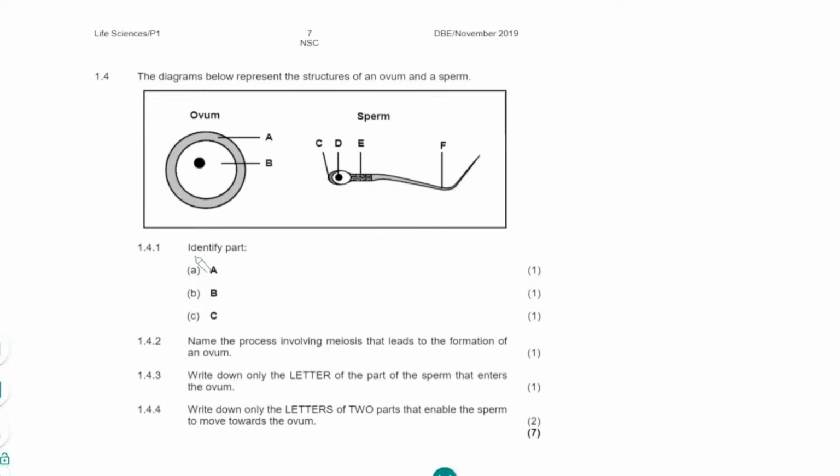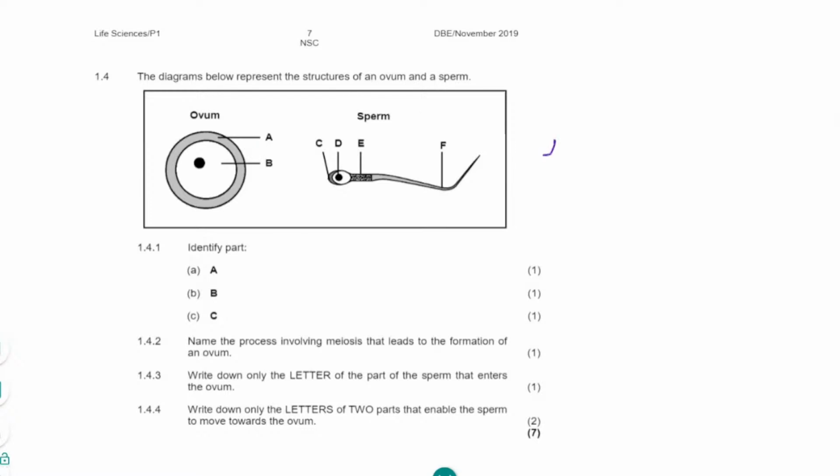The first question, identify A. So you have seen A is a jelly-like layer. Scientifically, we call it zona pellucida. But you don't need to know all those scientific names.